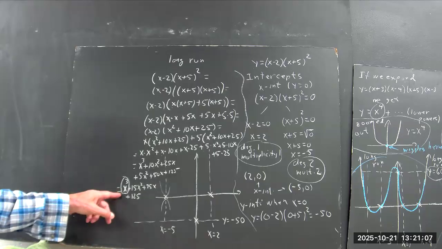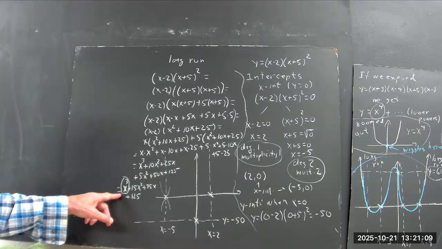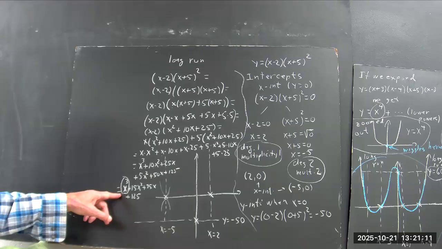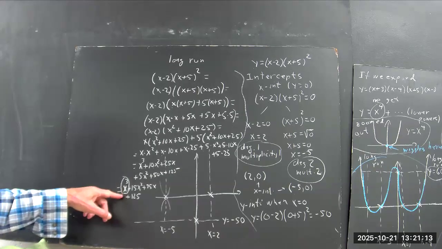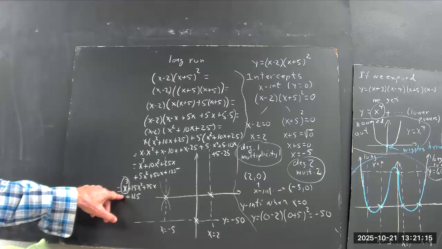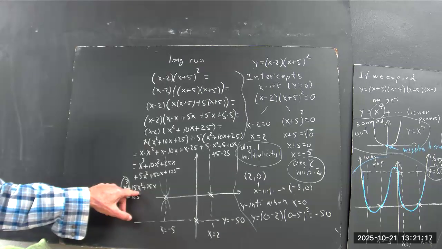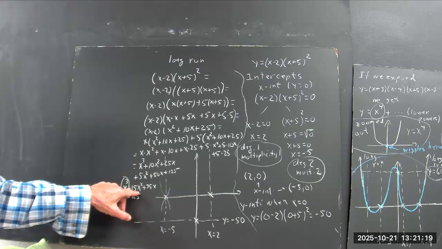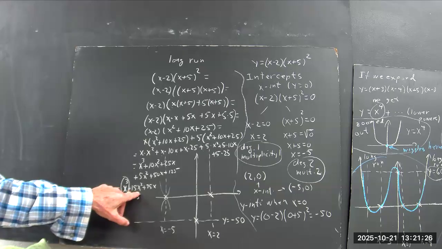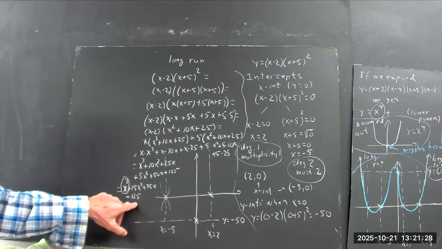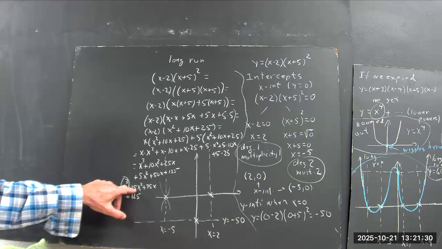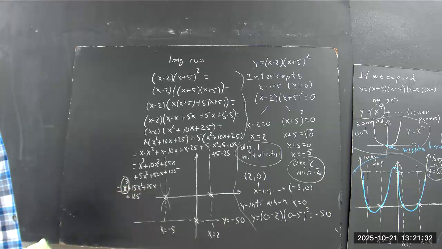If x is 1,000, then this is 1 billion. This is 15 million. That's 15 thousandths or 1.5% of 1 billion. And the rest of these don't amount to a hill of beans. The bigger x gets, the less these matter.